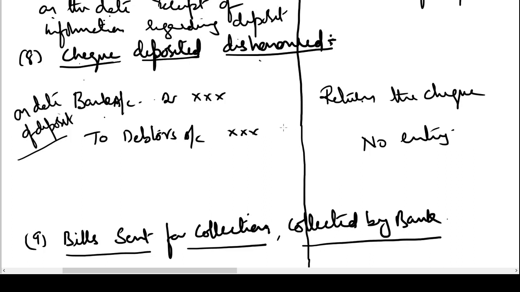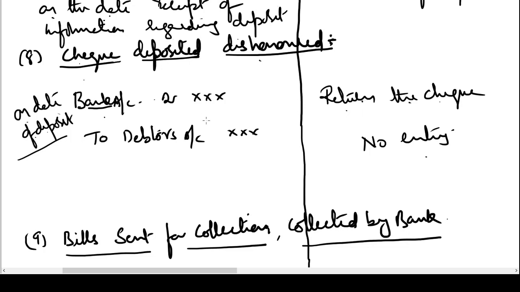So now what happens? As soon as we receive the check on the date of deposit itself, we are assuming that money has been received by the bank. We have debited bank. We have said deposit has arrived in our bank account and we credited customer's account. But the check was ultimately dishonored. So bank will return the check and there will be no entry in the books of the bank. Bank will pass entry for the check only on the day when the check is collected. So if the check is not collected, there will be no entry in the books of the bank.